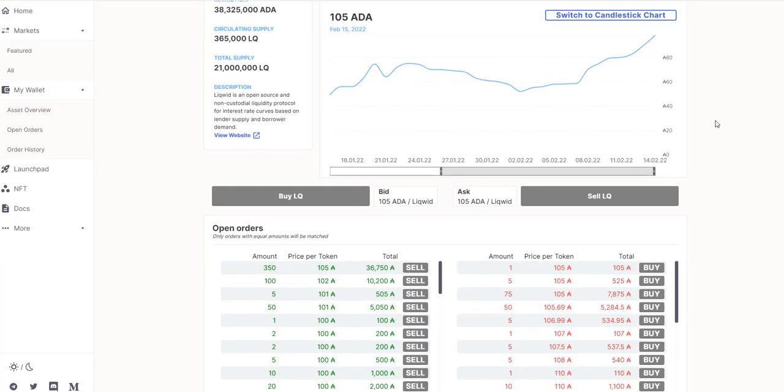Well, at 100 ADA, at a 21 million token supply, you're talking about a $2.1 billion valuation, or $2.1 billion market cap. That's quite high because, well, not all 21 million have actually been supplied yet. So let's talk about it in those terms.